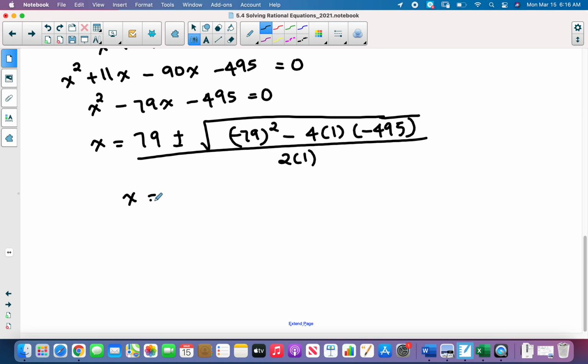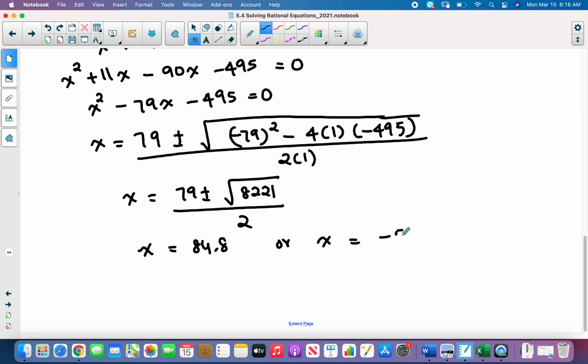This works out to x equals 79 plus or minus square root of 8221 divided by 2. So x works out to 84.8, or x equals negative 5.8.